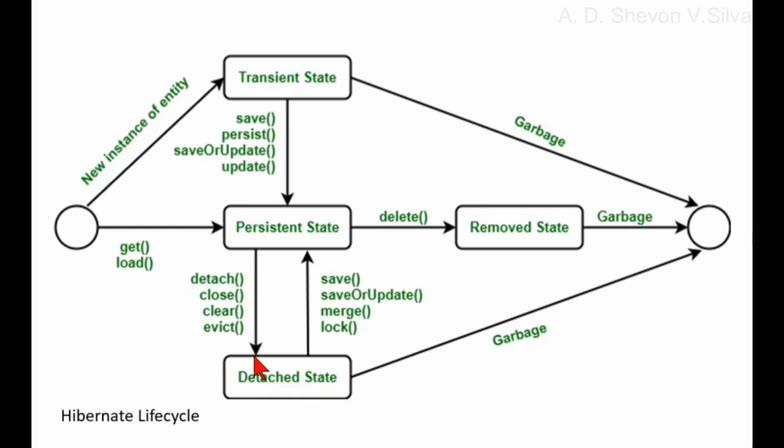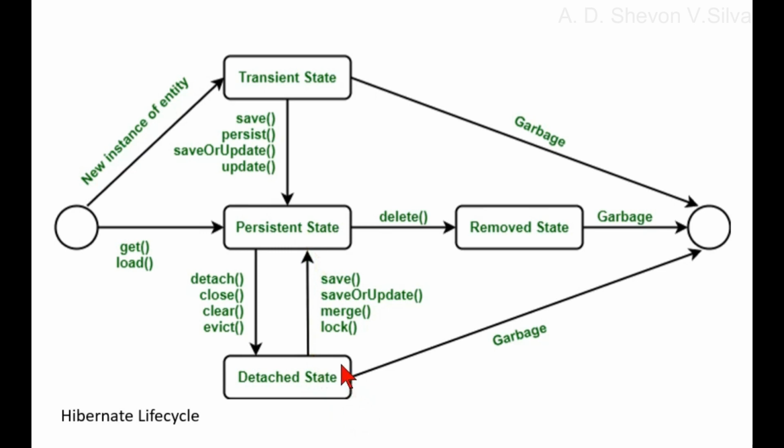As the session is closed here or the cache is cleared, any changes made to the data will not affect the database table. Whenever needed, the detached object can be reconnected to a new Hibernate session.